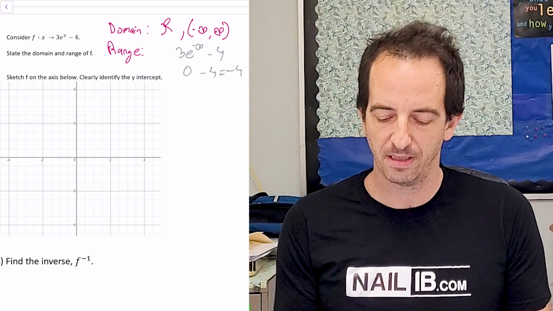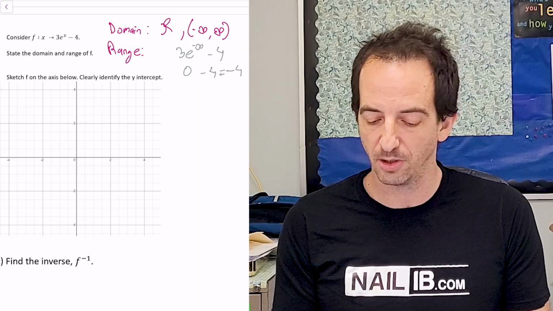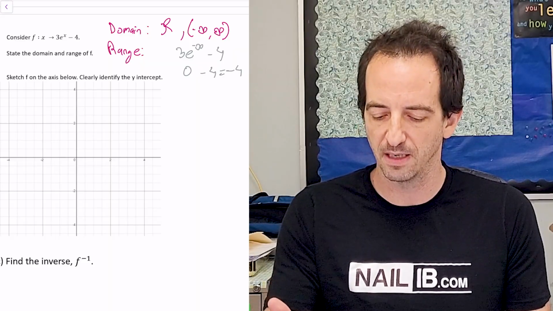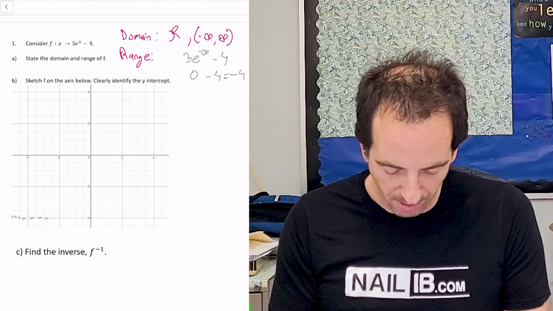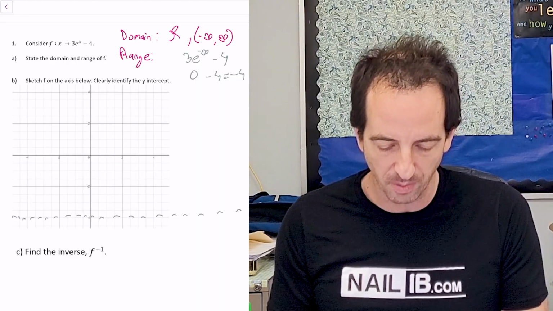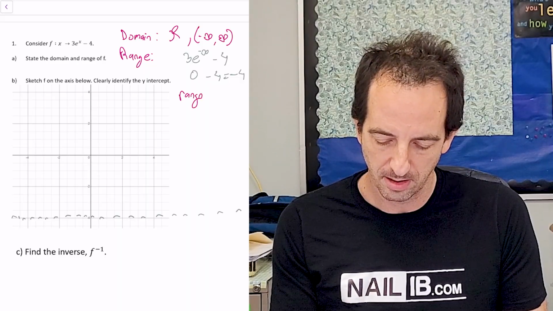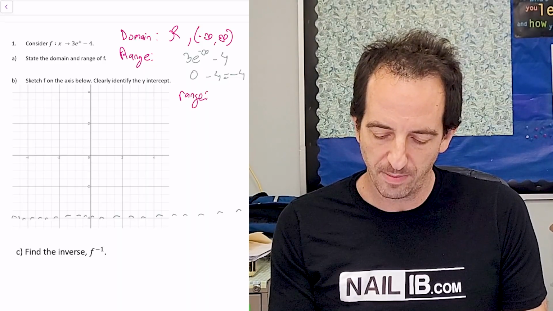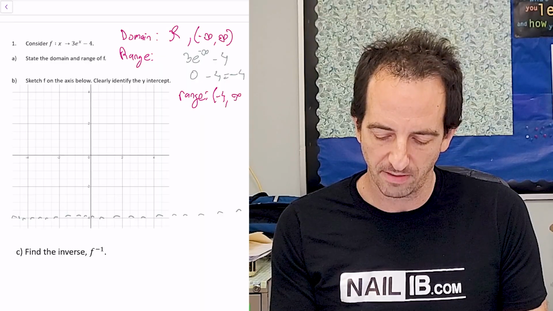So that right there is essentially equal to negative 4. So as we go toward negative infinity, our function would be approaching negative 4. That's essentially going to be a horizontal asymptote. We're never going to cross that. And our range is that we will be between negative 4, never actually reaching that, up until infinity.